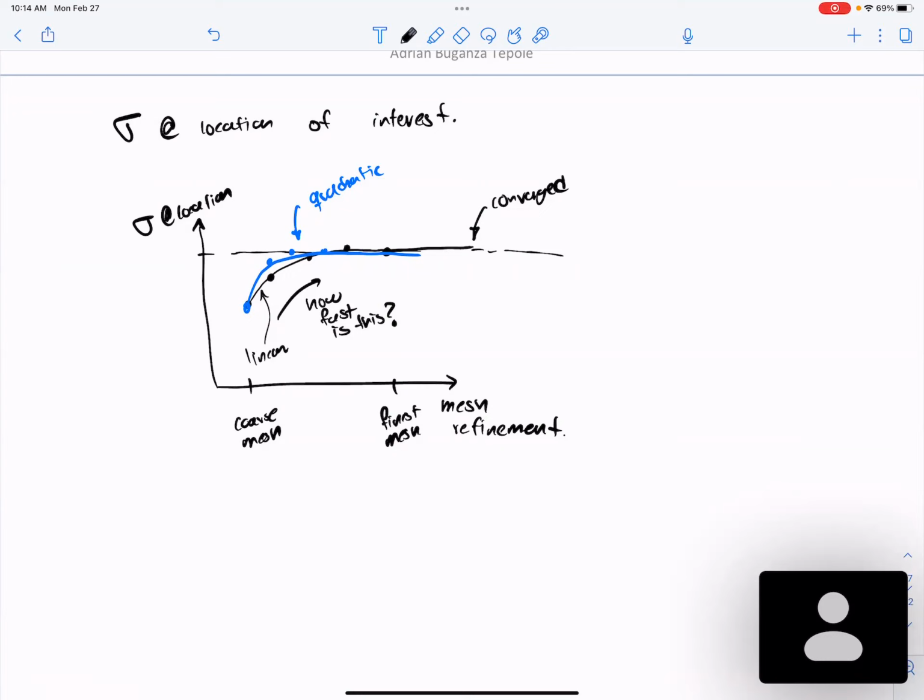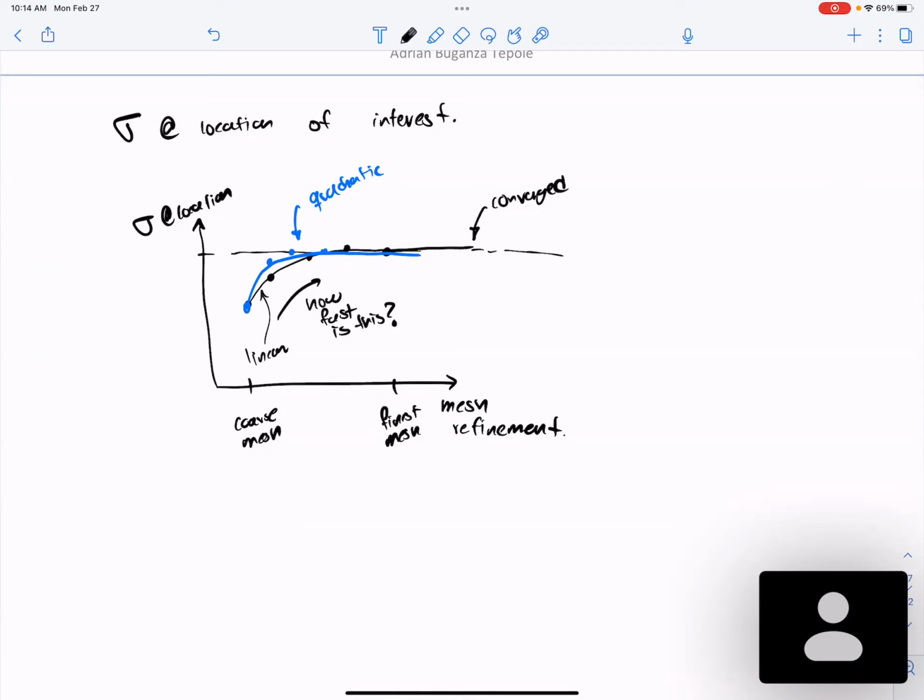So what is best? Do you use the quadratic shape functions that you know converge faster? So with a slightly coarser mesh, you get a better solution, but you need to do more computations, or you use the linear elements, which you know converge much slower, so you need a finer mesh to get the solution, but the number of computations might be about the same as for the quadratic.